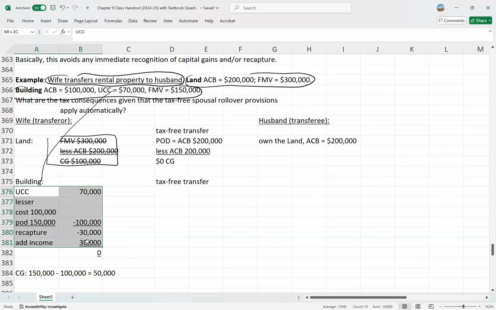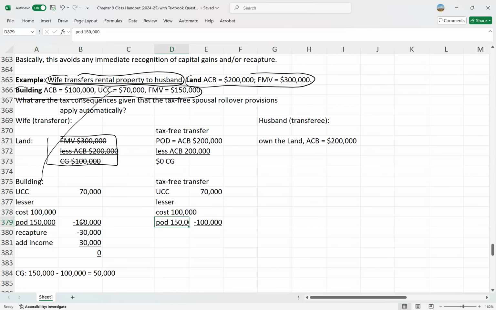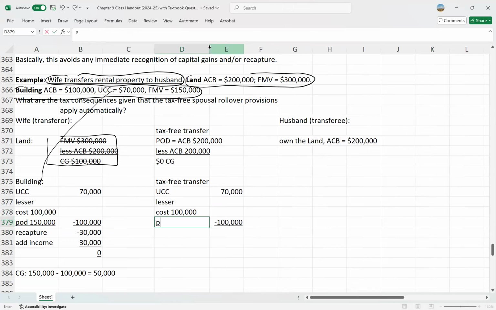What the difference here would be is that it would just deem this proceeds here to be equal to the UCC, which is 70,000. And so we would be minusing the lesser of cost or proceeds, which is 70,000.